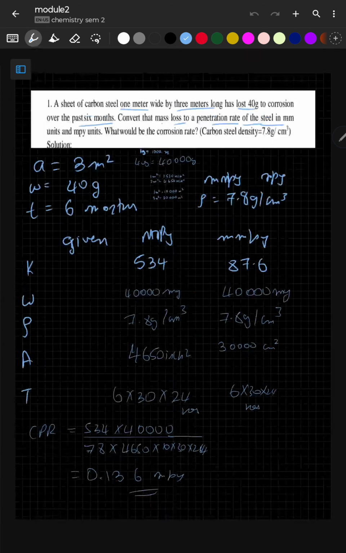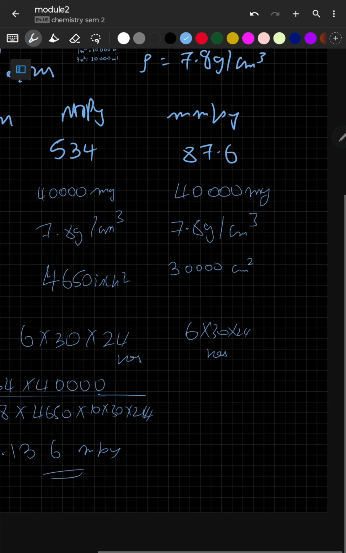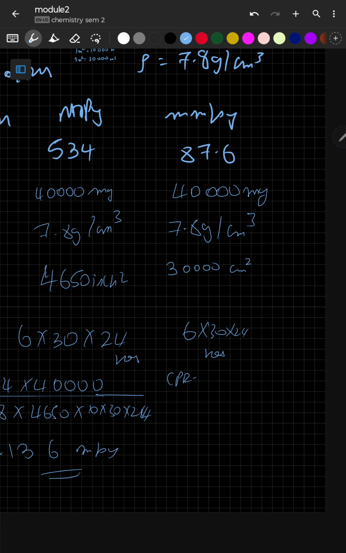Now for the other one also, let's find out. Here only I will write CPR equals, for MMPY, 87.6 into 4, 1, 2, 3, 4 by 7.8 into 3, 1, 2, 3, 4 into time. Time is going to be the same, 6 into 30 into 24.